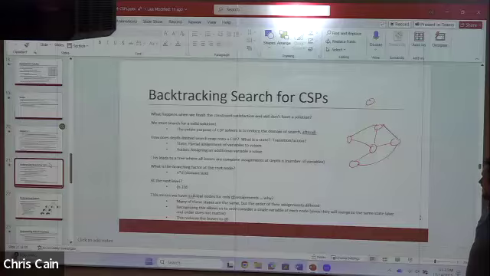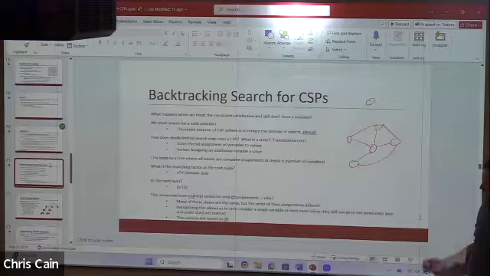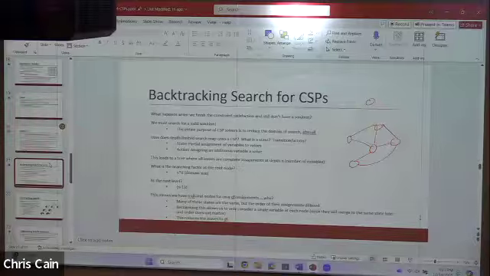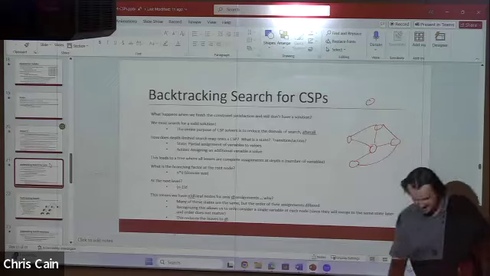But the question is now, can I color this graph using 3 colors? Or can I use 3 numbers and number each one a different number? And it ends up being exactly the same problem, but we've abstracted the domain away from it. So constraint problems are always like that, in that we don't have to consider where it comes from.